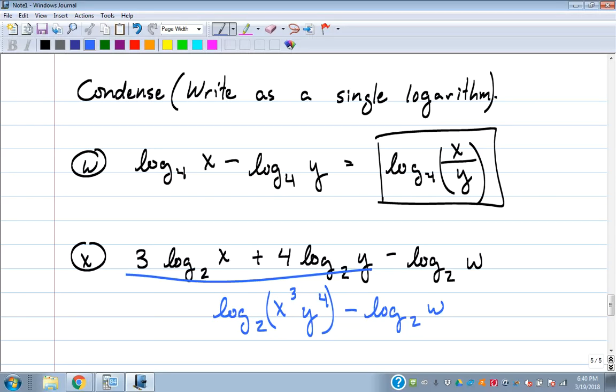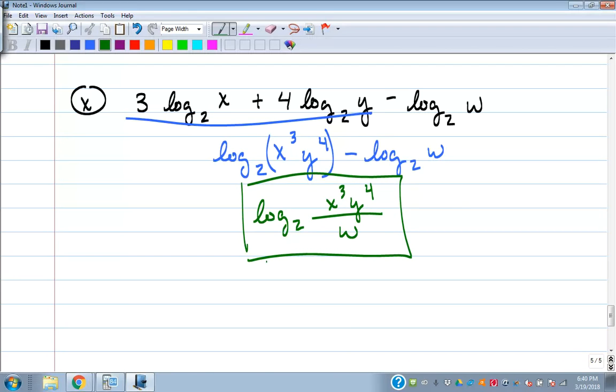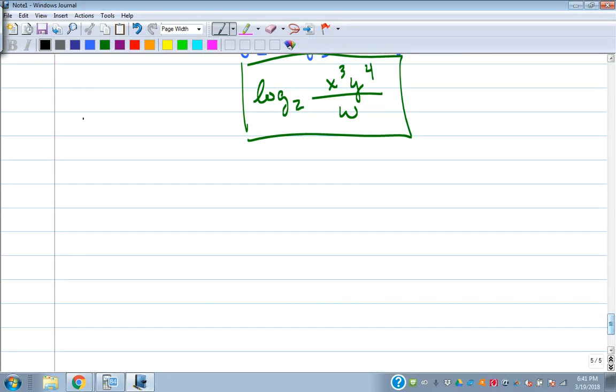What's that going to do? Division, by w. So we end up with log base 2 of x cubed y to the fourth divided by w. We condense it down to one log. I don't know that there'd be much we could do with that as an equation because there's too many variables, but the idea of condensing is the key to working some of these problems later on.